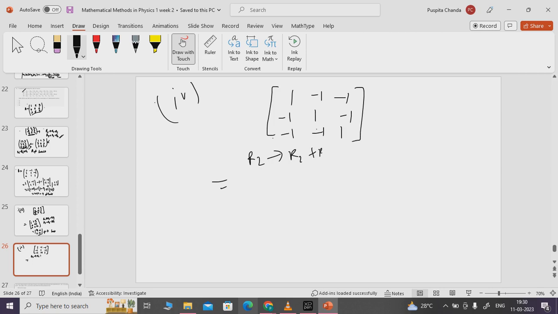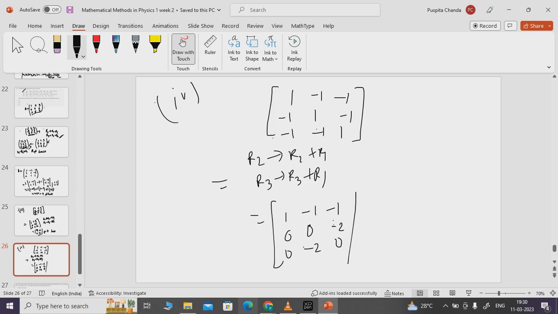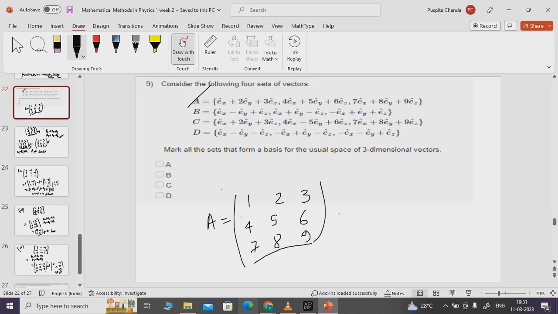If we do R2 equals R2 plus R1 and R3 equals R3 plus R1, it will become 1 minus 1 minus 1, 0 0 minus 2, 0 minus 2 0. So this is also not equal to 0, it will be minus 4, something like that. So they will form a basis.